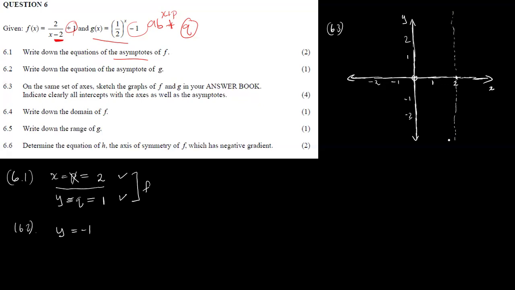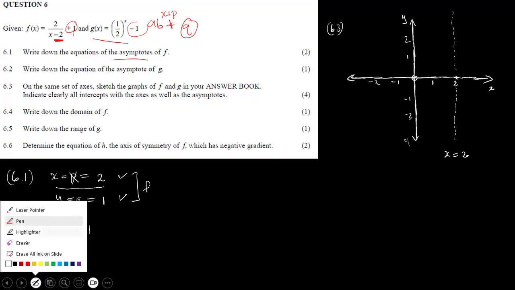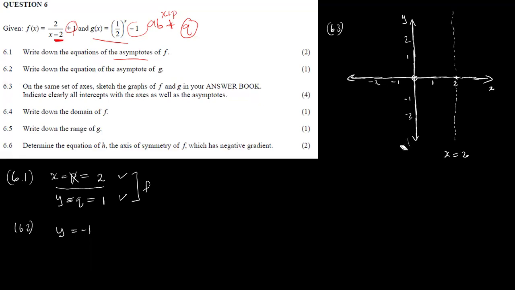You even indicate that your x here is equal to 2. This is the y-axis, but the x is equal to 0, 1, 2. So you indicate there that your value of x, your asymptote there, use your broken lines or your dotted lines to show that this is your asymptote.